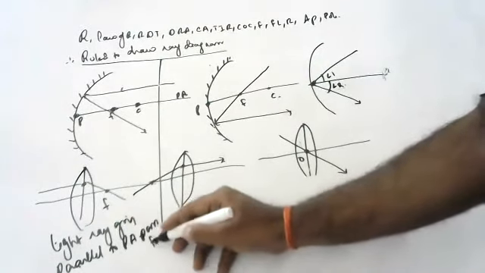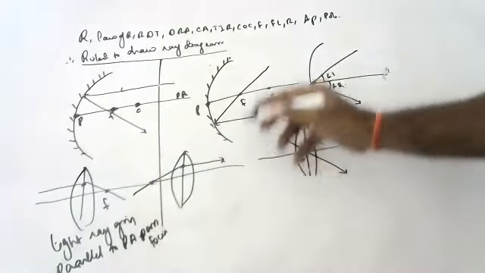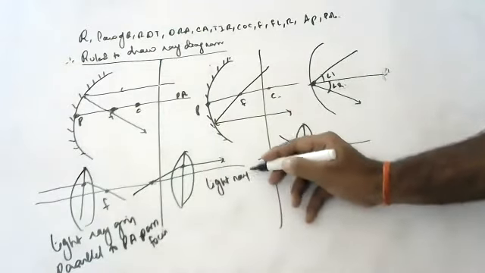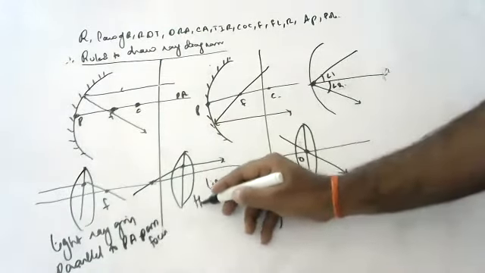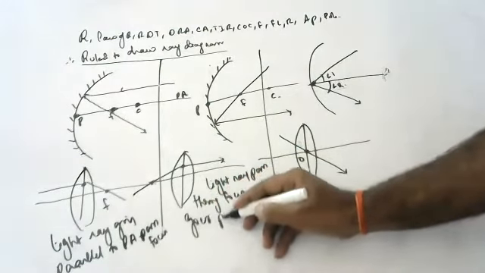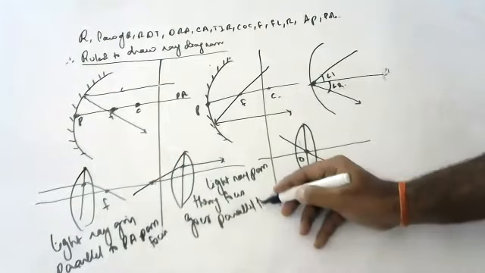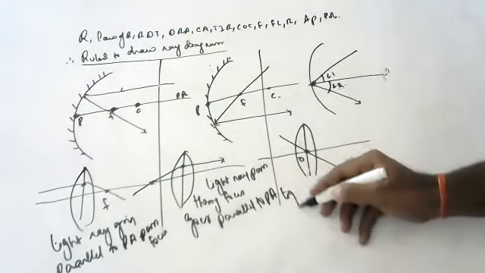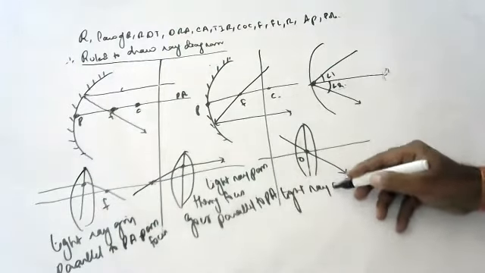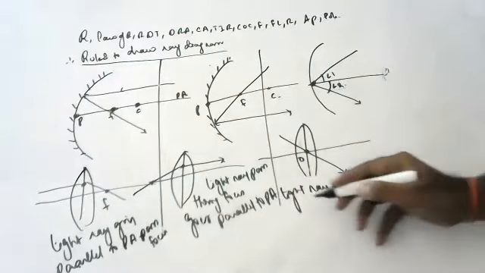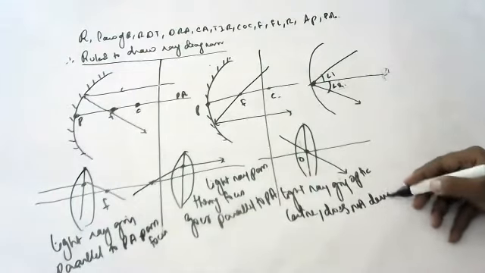Light ray passing through focus refracts parallel to the principal axis. What will you write here? Light ray going through the optic center does not deviate. It goes straight, children.